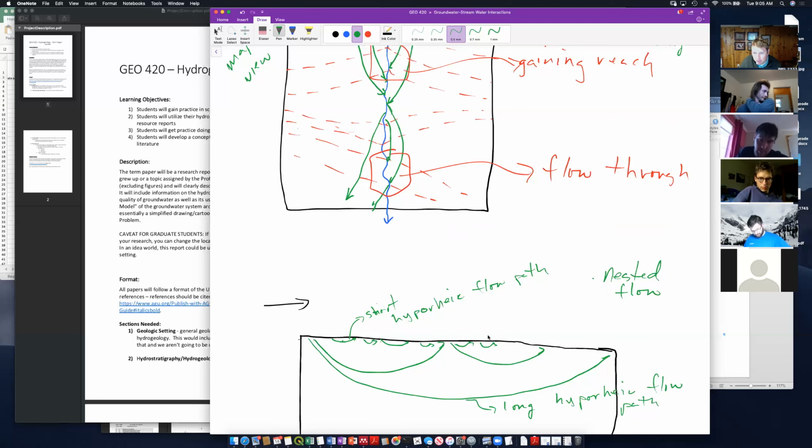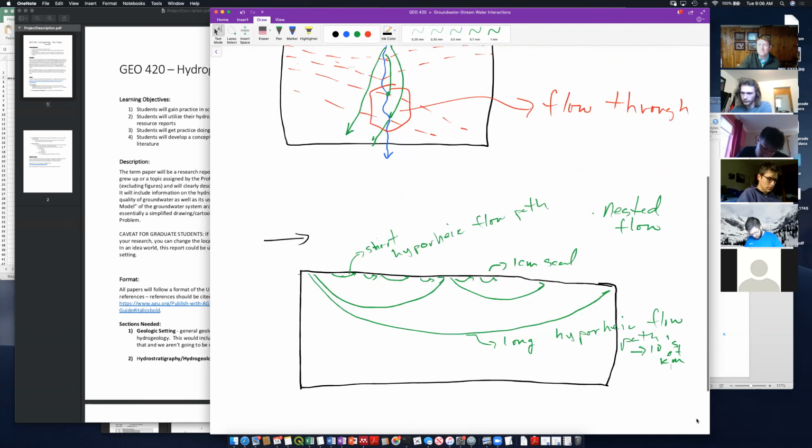So these can be from centimeter scale to kilometers or tens of kilometers. Traditionally, when you read papers, most stream ecology papers think of hyporheic flow as these very short ones. So this I'm going to call traditional hyporheic flow.